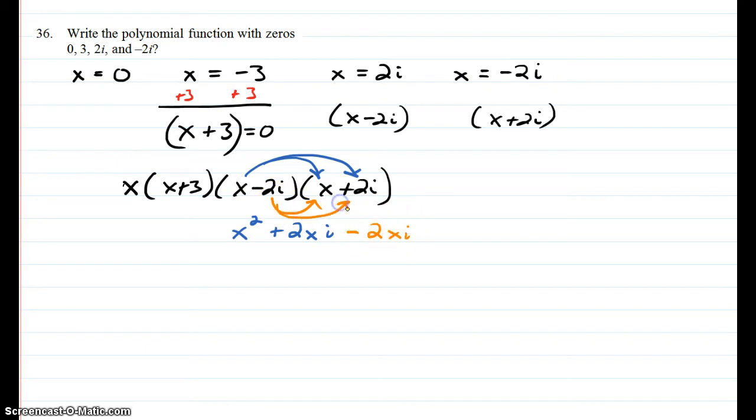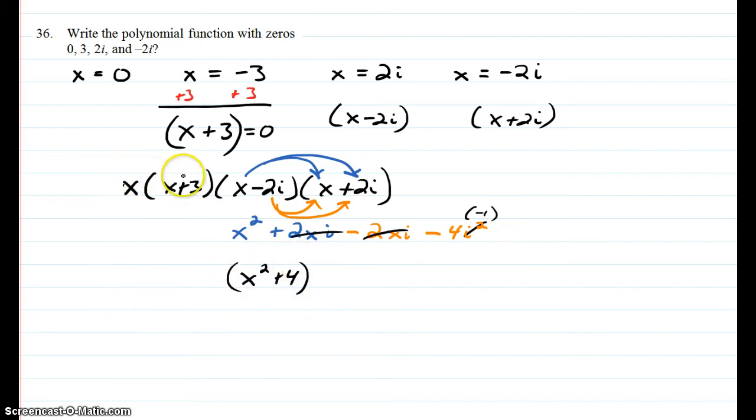Then negative 2i multiplied by 2i gives us a negative 4i squared. And so these are opposites, so they're going to go away. And remember, i squared is negative 1, so this here is going to become a positive 4. And so this multiplies to x squared plus 4.